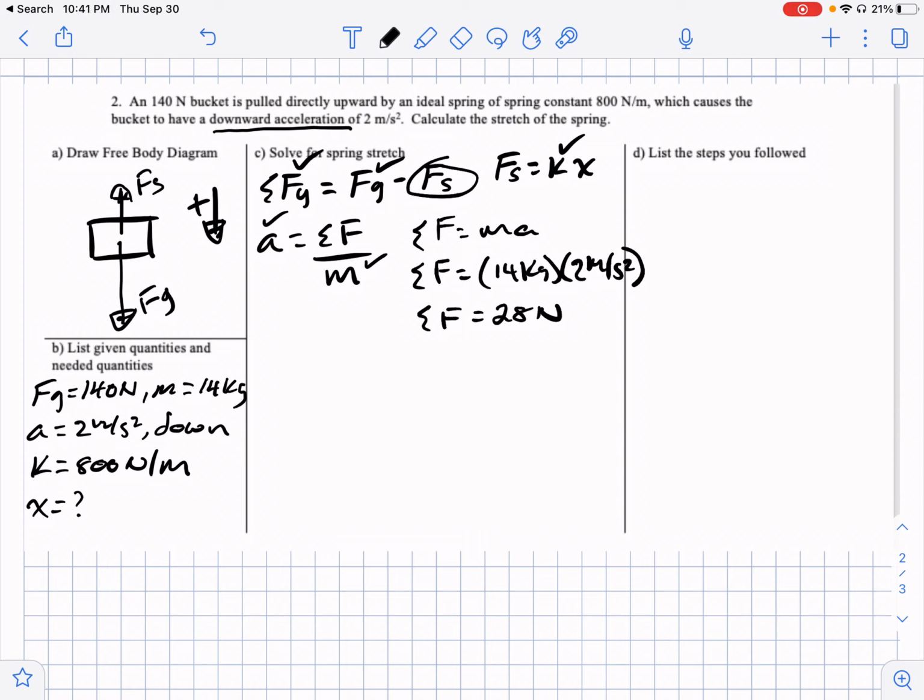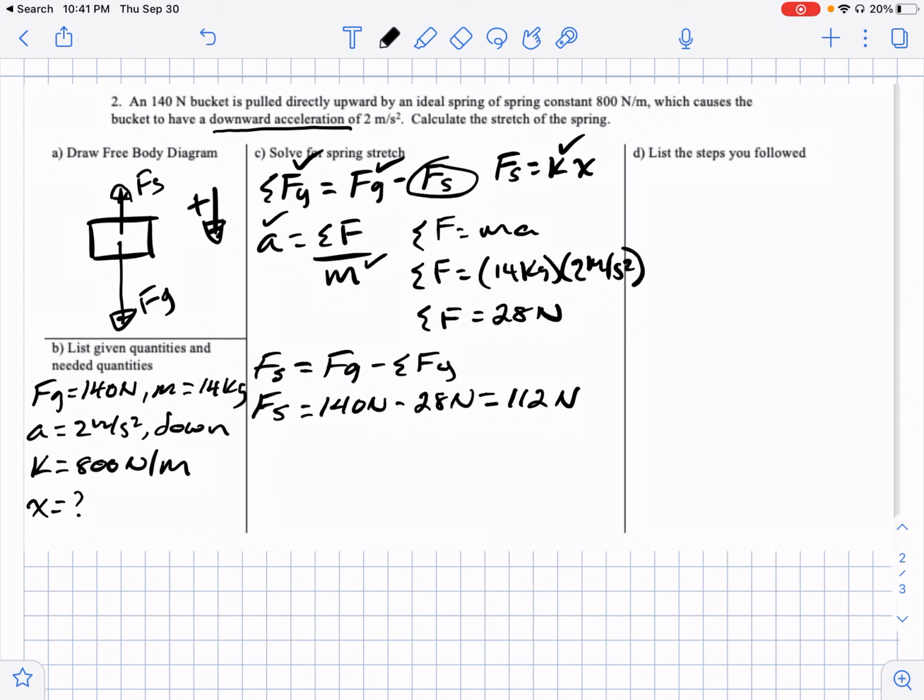So rewriting that, the force of your spring would equal Fg minus your net force. So my force of spring is equal to 140 newtons minus your net force, which is 28 newtons. So the force of the spring is just 112 newtons.